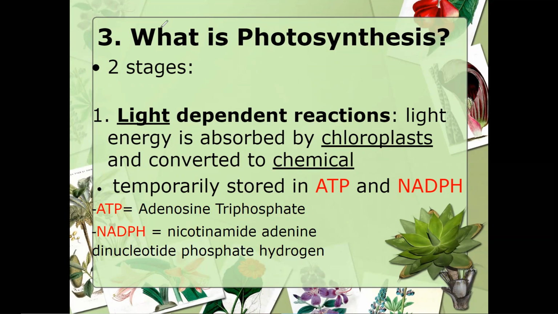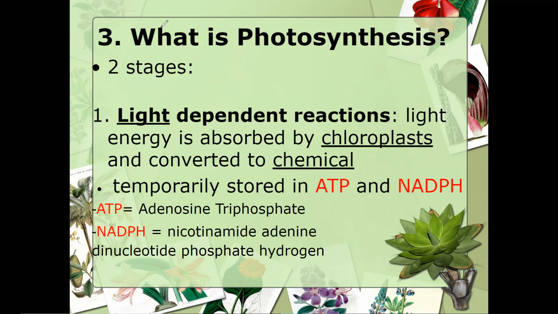The light-dependent reactions are where light energy is being absorbed by the chloroplasts and converted into chemical energy. That chemical energy is temporarily going to be stored in something called ATP and NADPH. Those two things have very long, complicated names, which I provided for you. ATP is known as adenosine triphosphate, and NADPH is nicotinamide adenine dinucleotide phosphate hydrogen.